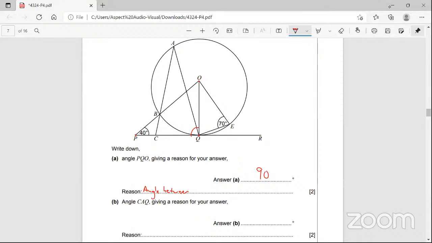And the radius. Yes. Okay, so that's what you say, then you get the 2 marks there. So it's because it's the angle between the radius and the tangent line. Are we together? Okay. Can we go on?